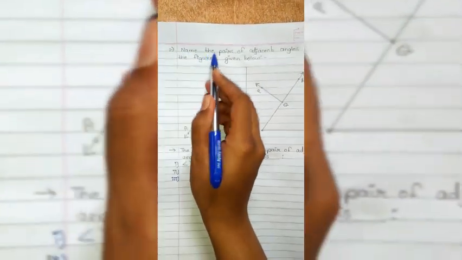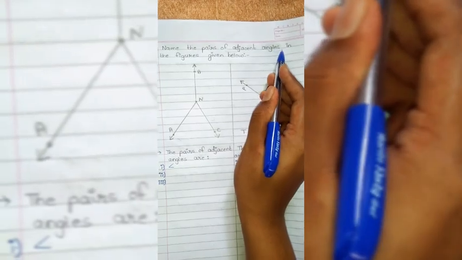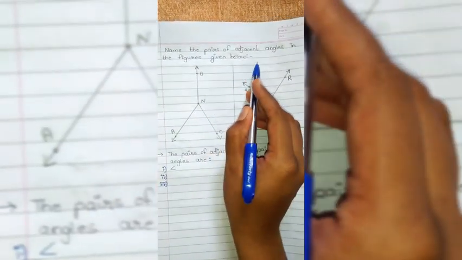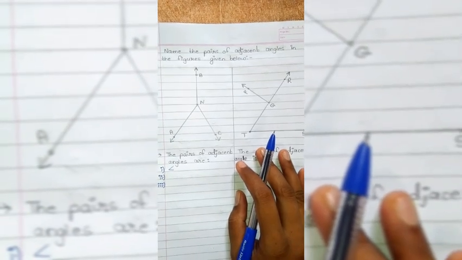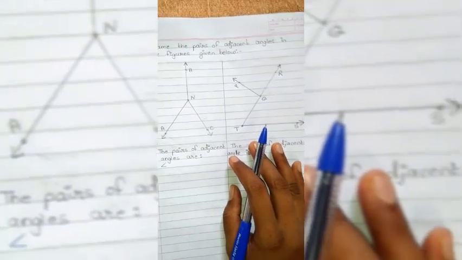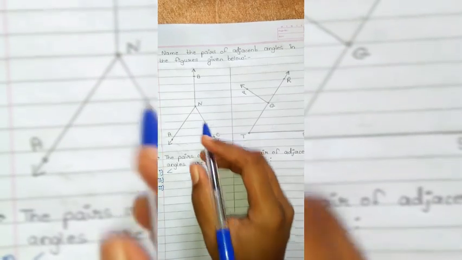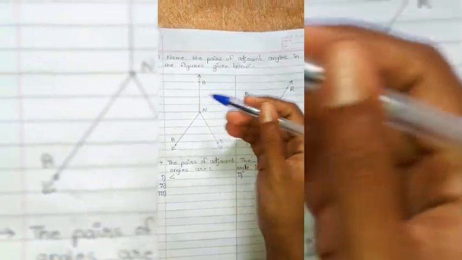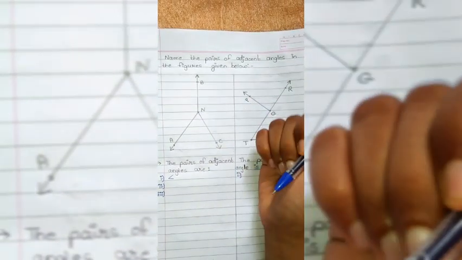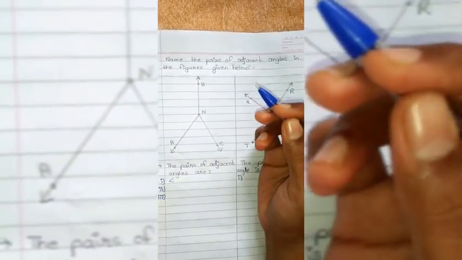In question, name the pairs of adjacent angles in the figure given below. Adjacent angles are nothing but angles which have a common vertex, common arm and separate interiors.